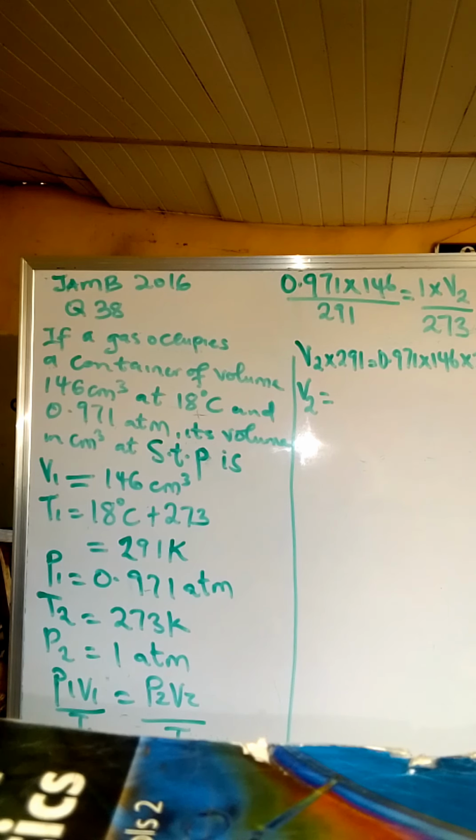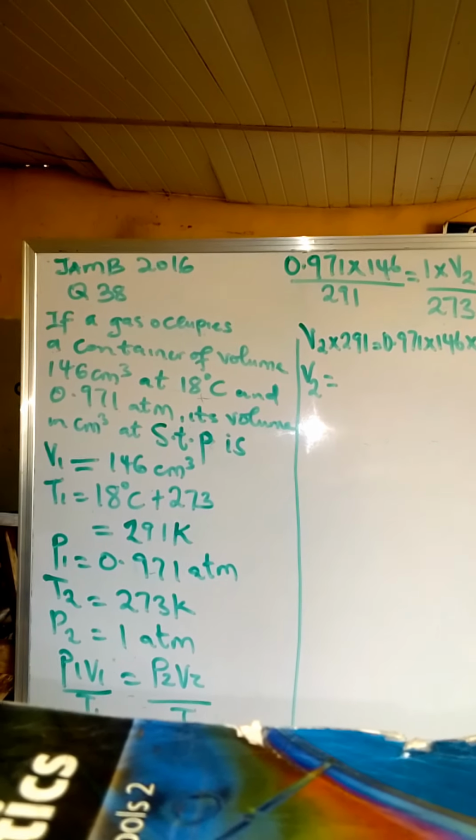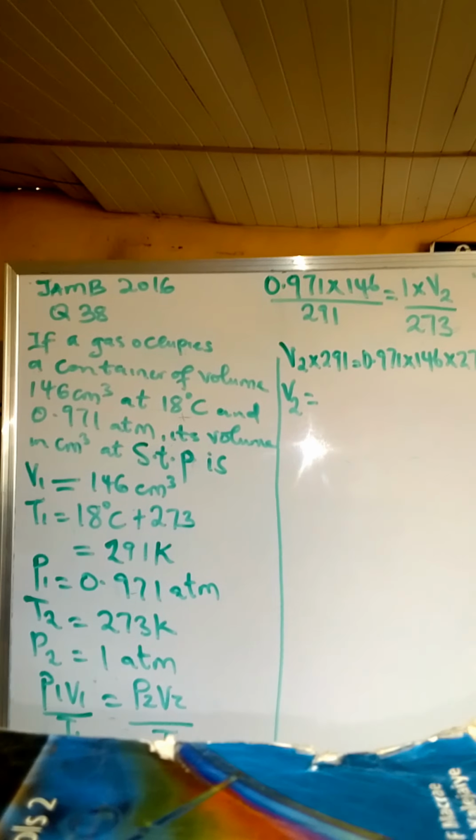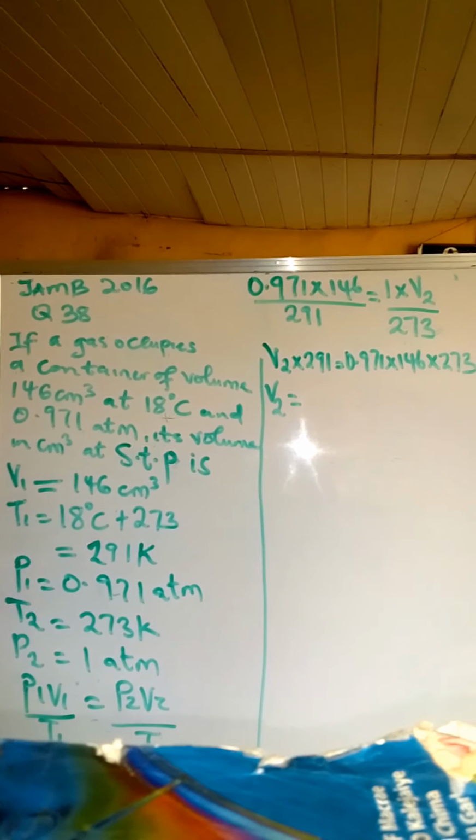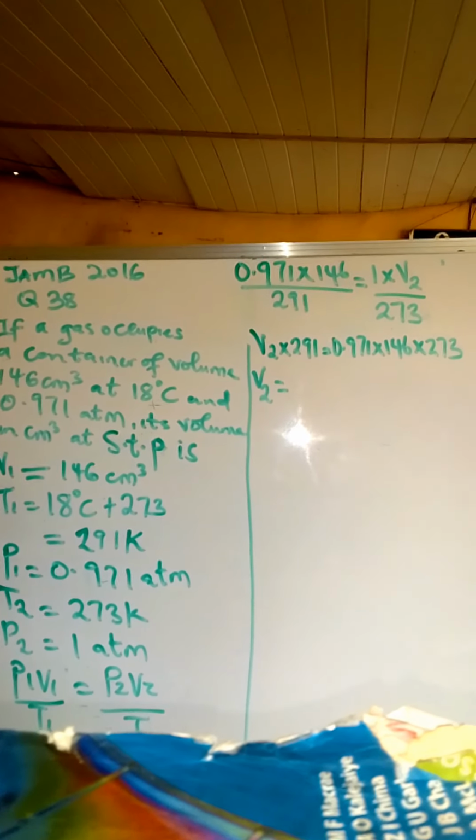Don't forget, it is at STP. So therefore, because it is at STP, our T2 is 273 Kelvin, P2 is 1 atm. And the formula for the general gas equation is P1 V1 over T1 equals P2 V2 over T2. That is 0.971 multiplied by 146 divided by 291, which equals 1 atm times V2 divided by 273.